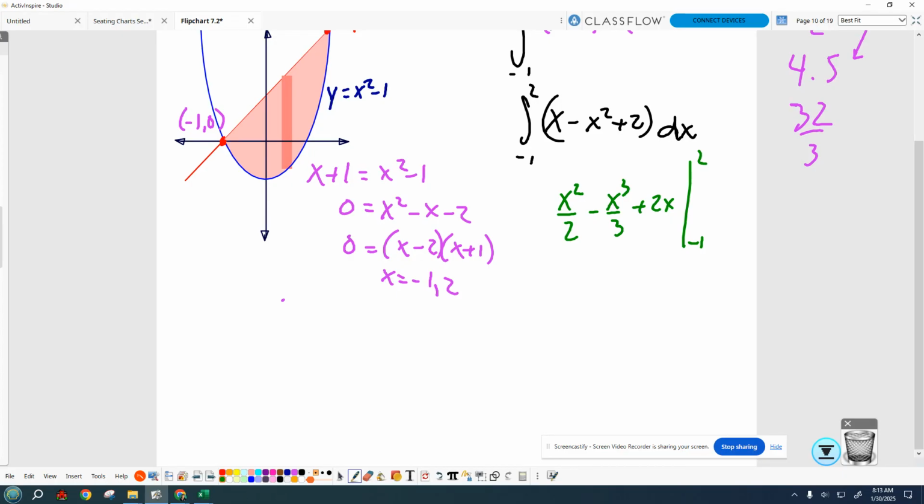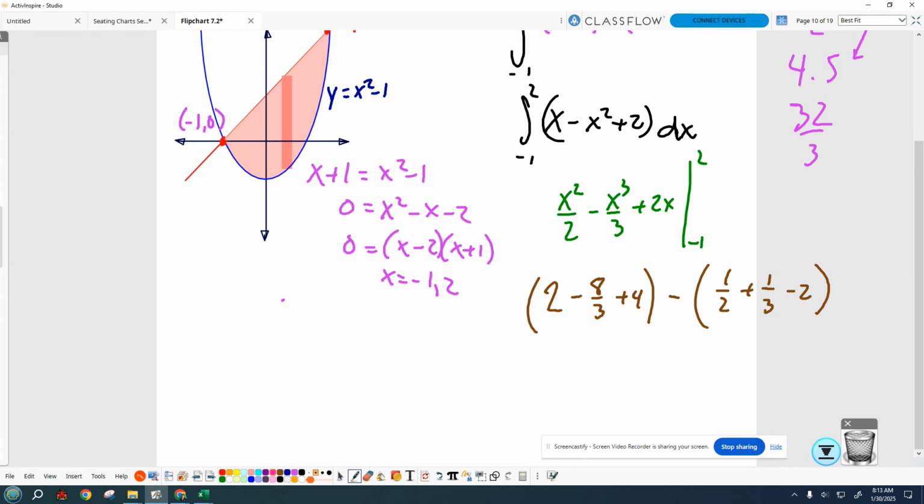Okay, plugging in the 2. I plugged in 1, so 2 squared over 2 is 2, plus 1, minus 8/3 plus 4. Minus negative 1 squared became positive 1. Negative 1 cubed is still negative, but then we got it added. And then negative 2. You can't do this yet, but on the AP exam, if that's your last thing, you can leave that mess.